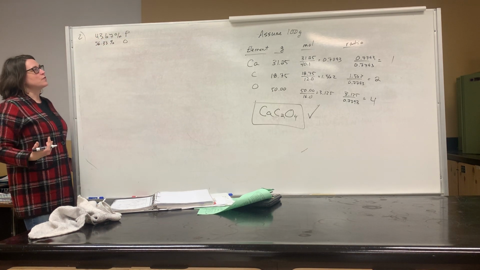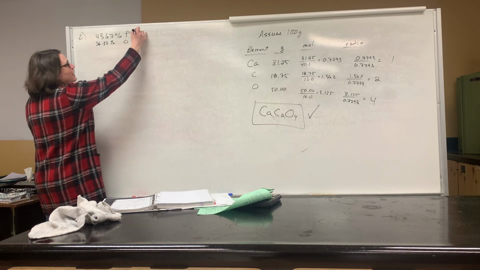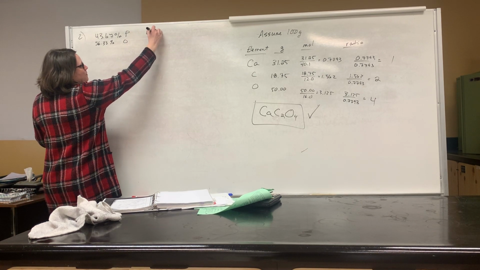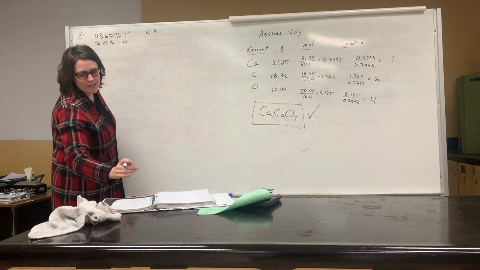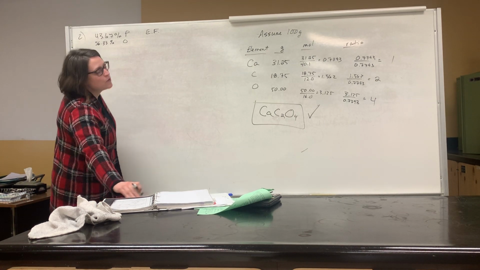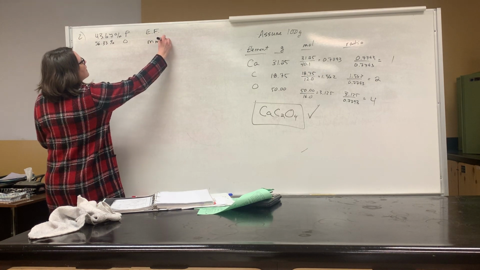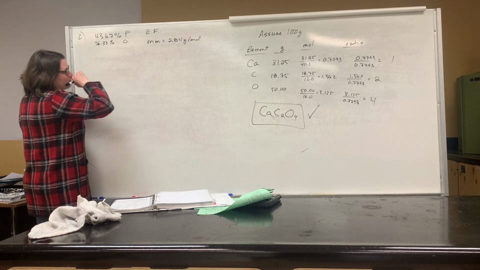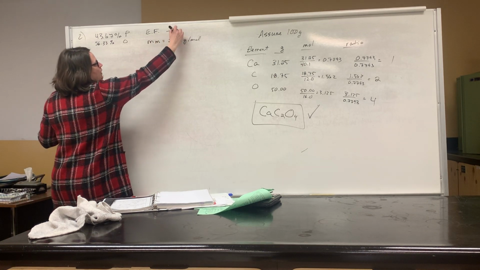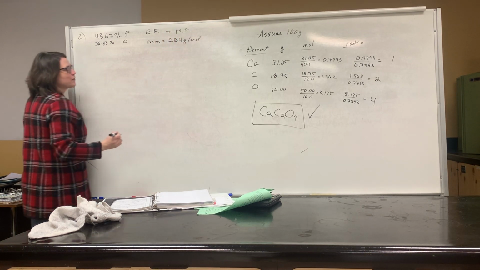It wants you to find the empirical formula, but it tells you that the molecular mass of this is going to be 284. So molecular mass is 284 grams in 1 mole.